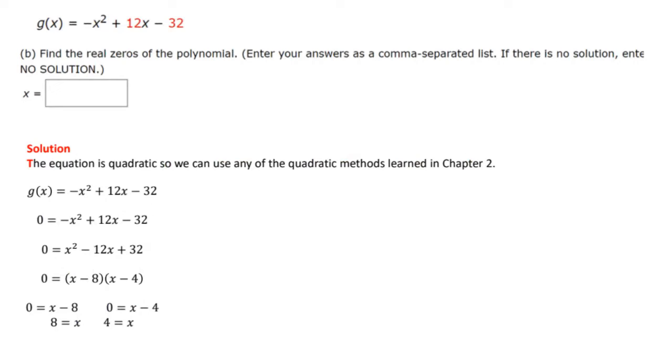On this particular one, I think the best way is just to factor it, and we can see that we can factor negative x squared plus 12x minus 32 with x minus 8 times x minus 4. So the values for x that could possibly give us zeros for this equation are x equals 8 and x equals 4. So these are values that make our graph cross the x-axis, yes?